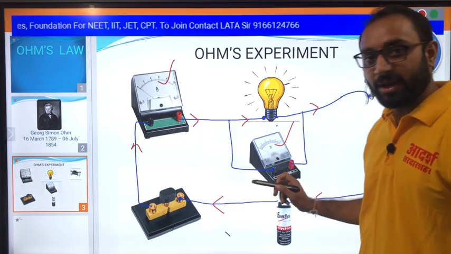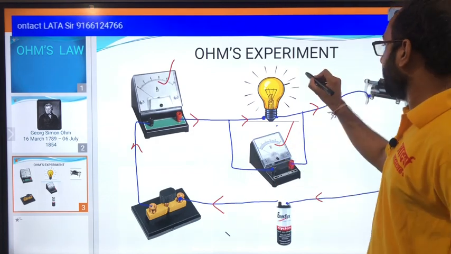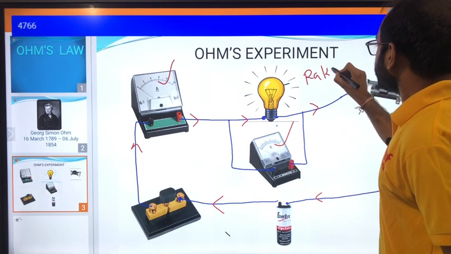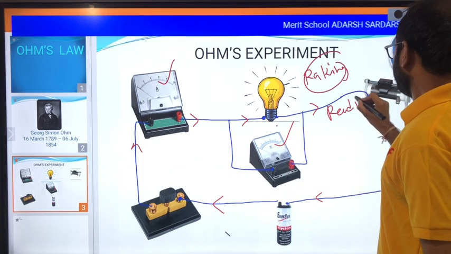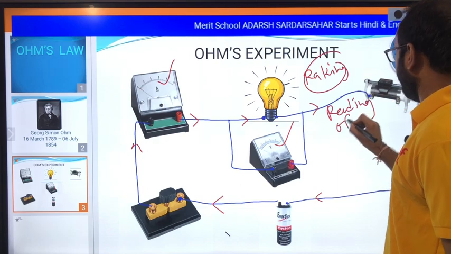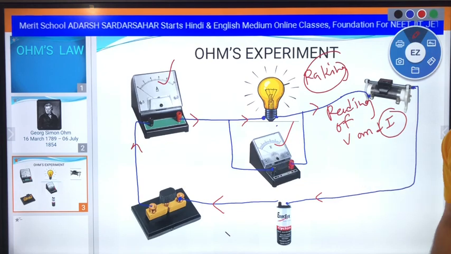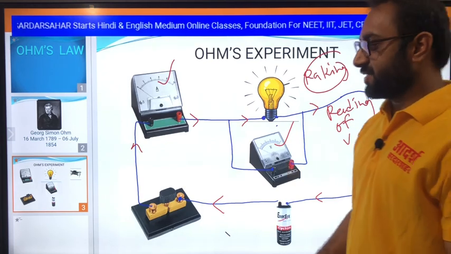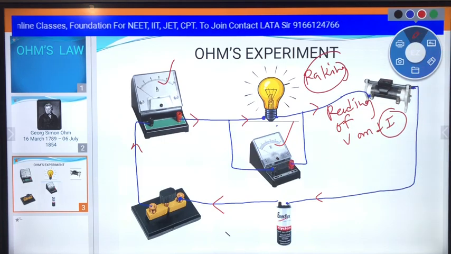After that, what will happen? He takes readings of V and I, and makes a relation between V and I. Let's see how to make a relation between V and I.